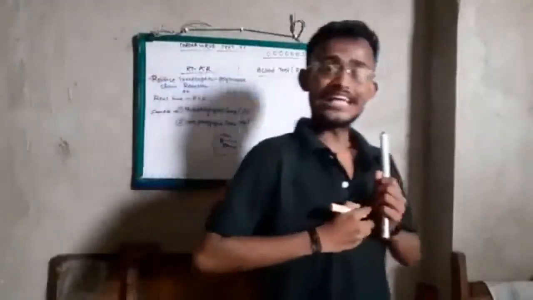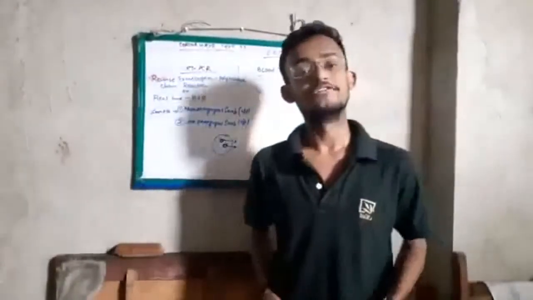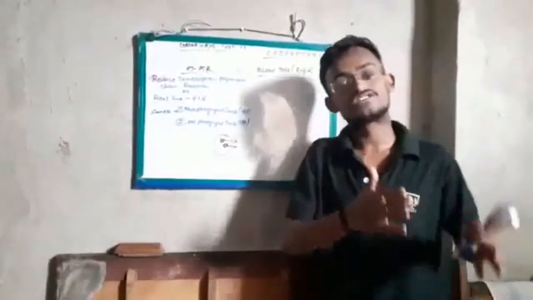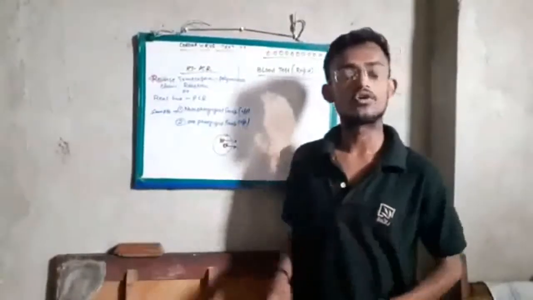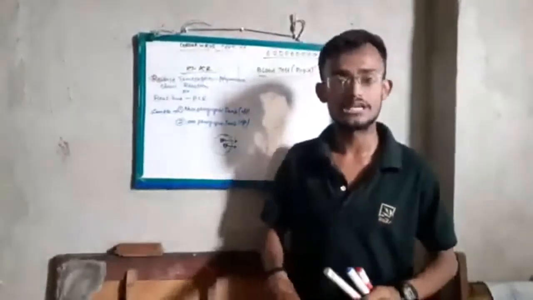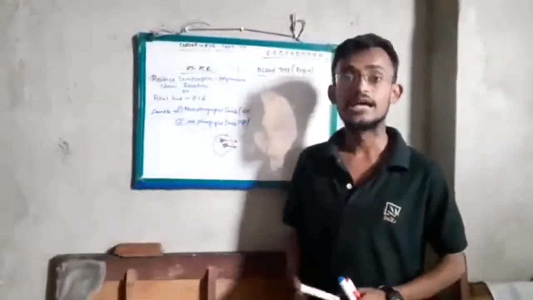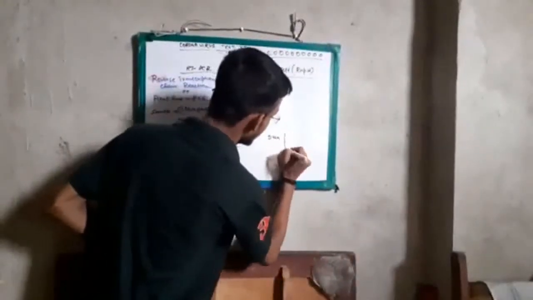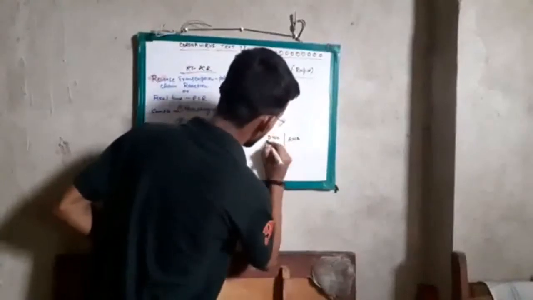As we all know, every organism or every individual has its own genetic material, either a human being, an animal, or a microorganism. Everyone has a genetic material made up of nucleic acid. And what are the genetic materials? Genetic materials are of two types: either DNA or RNA.